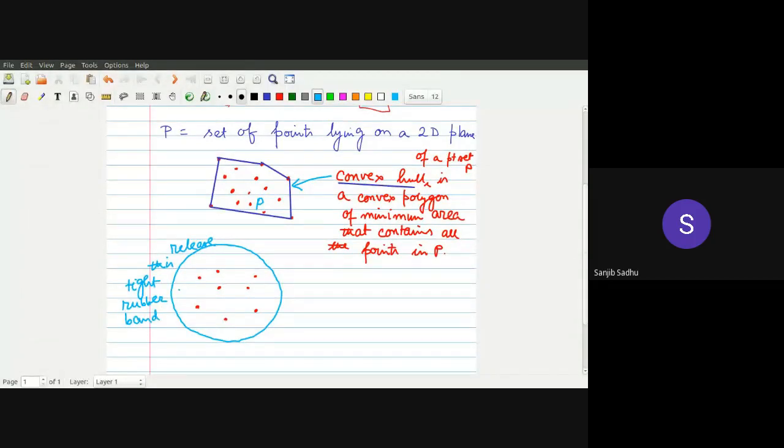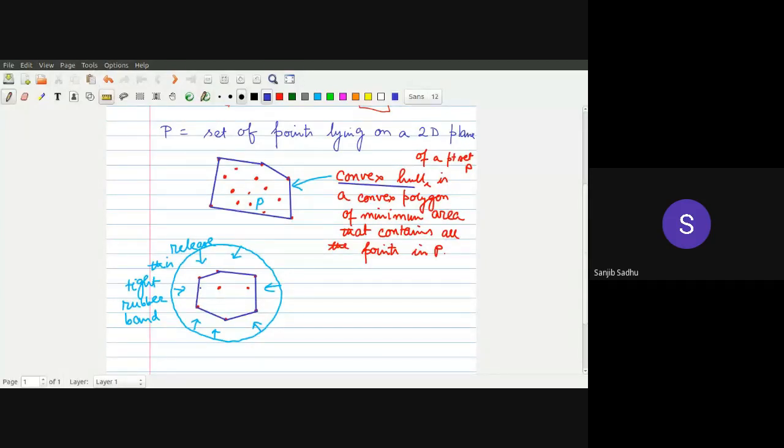It will contract along this and take the shape of this. If these points are the pins stuck on the board, it will take this shape.